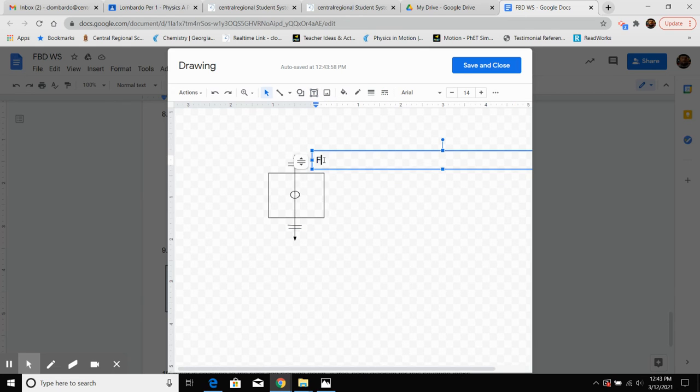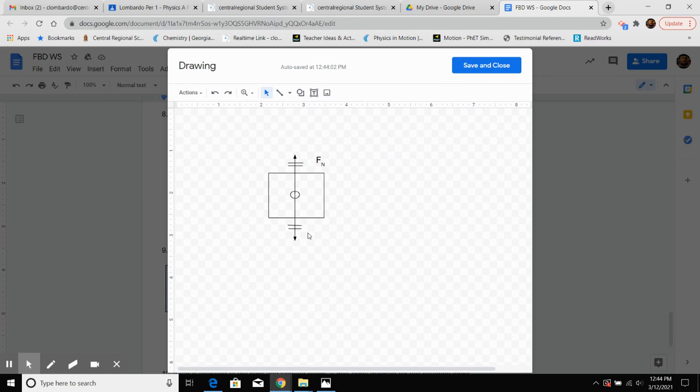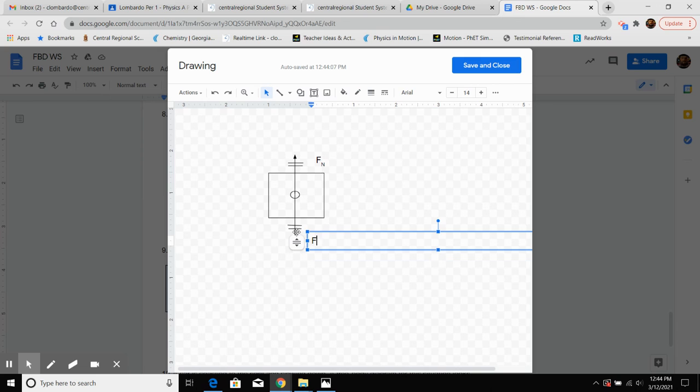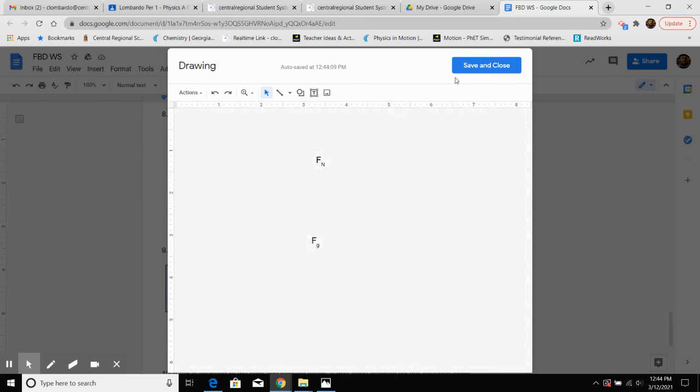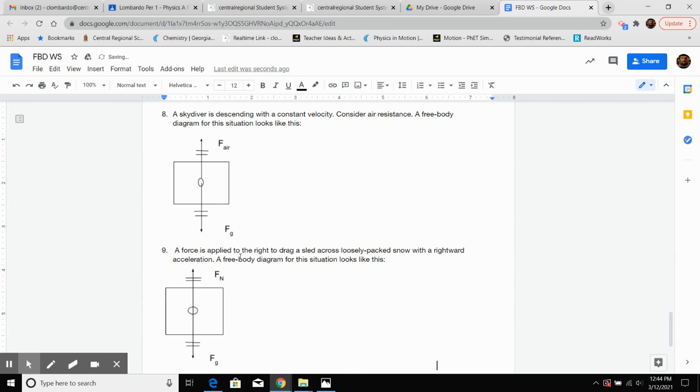So we have our normal force, and over here, gravitational force. So I'm going to save and close for a second and go reread the problem. And it's moving to the right, and it has a rightward acceleration.